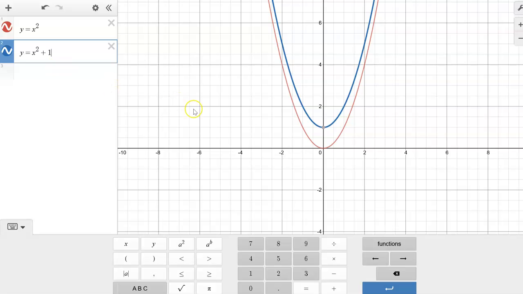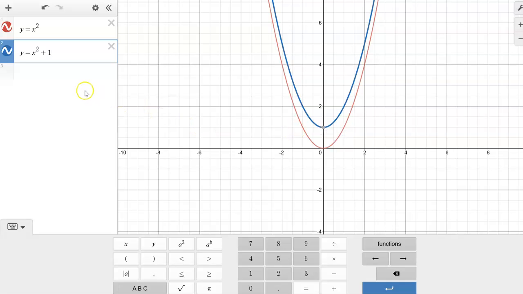The graph moved up. Moving up means the lowest value of the graph, the floor of the graph, which is at the origin (0, 0) right there, has now moved up to (0, 1).